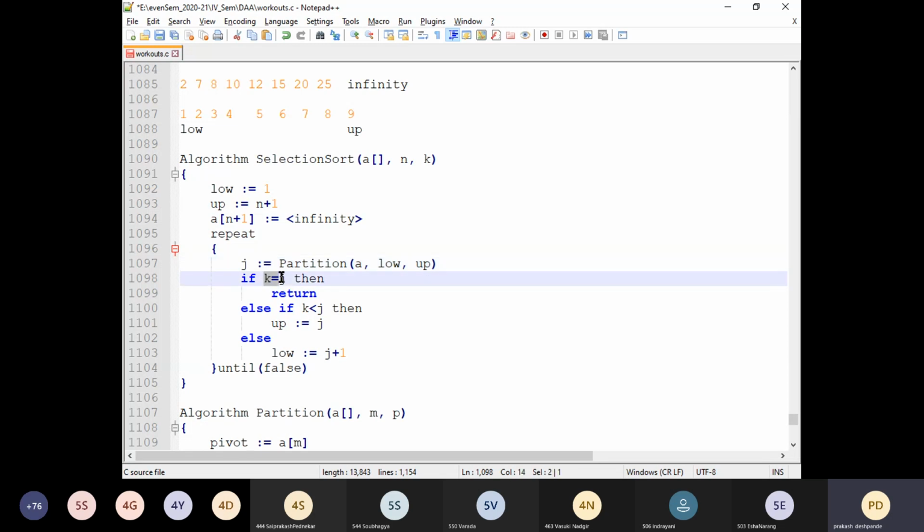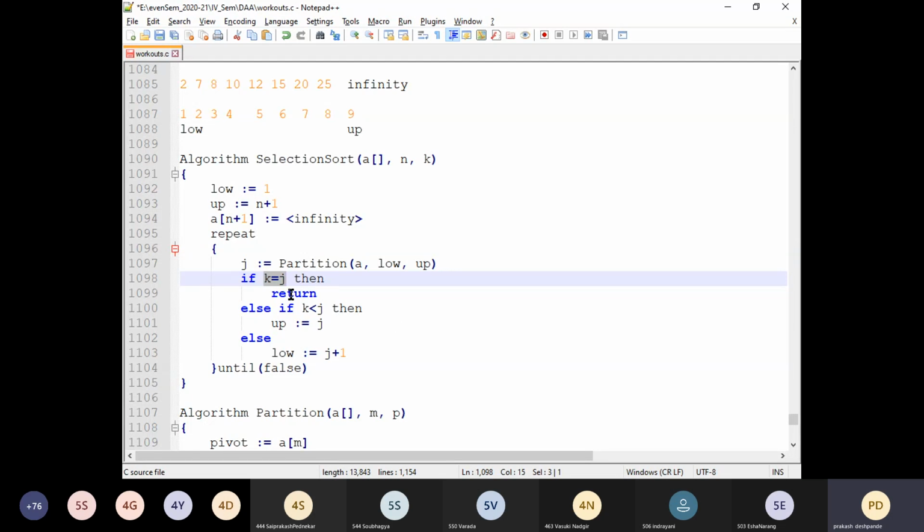If k and j are both equal, that means what? At the first time itself, the partition has given us a position which is nothing but our k value, which is our solution. That means the solution has arrived.